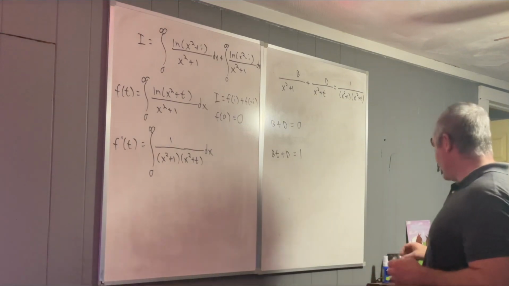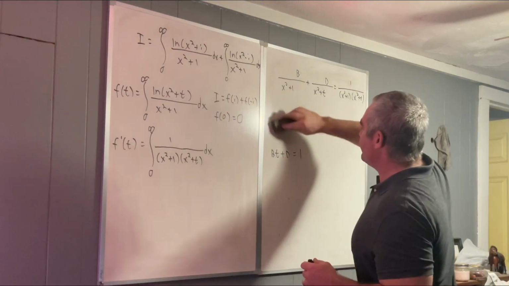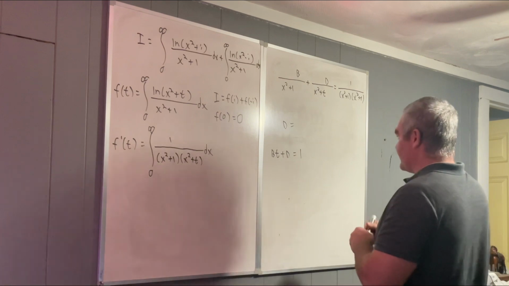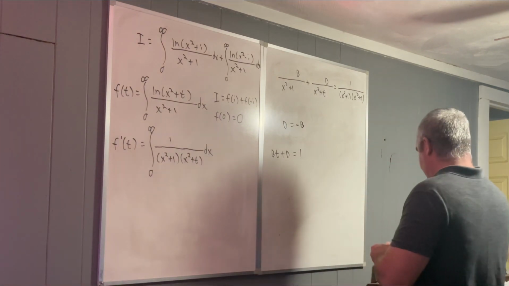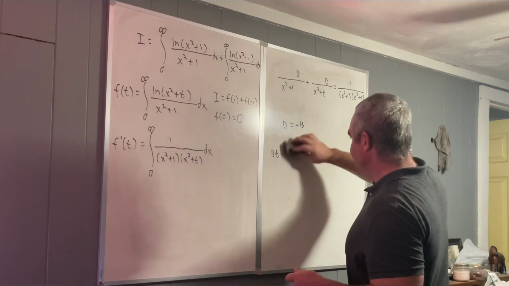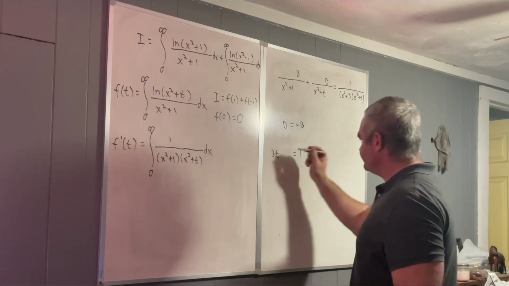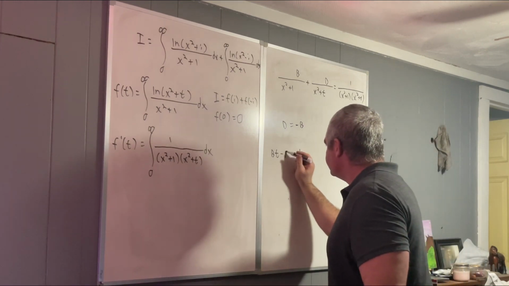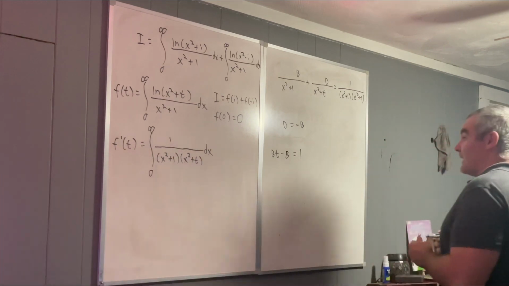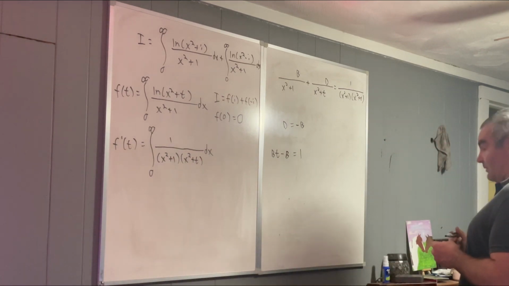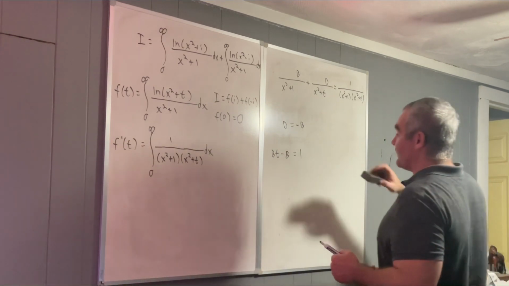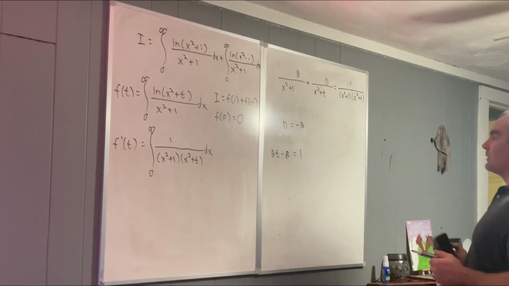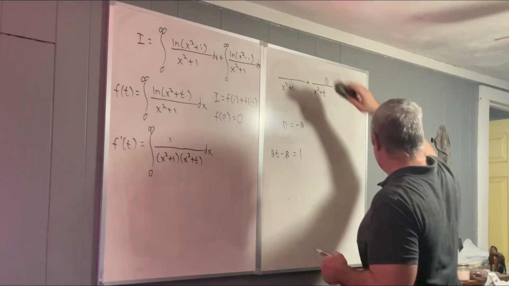All right. From this, we see that d is equal to negative b. We'll plug that in right here. Factoring out the b and dividing by t minus 1 on both sides gives us that b is going to be equal to 1 over t minus 1.